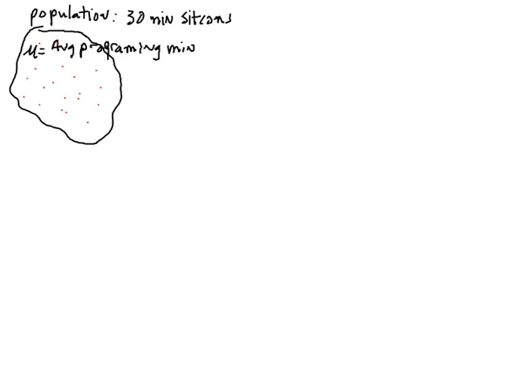So from all of the possible sitcoms that play over and over again each week, I'm just taking a random sample of 20. And I'm going to calculate the average of that. If you put those values into Excel, the average is 22 minutes.